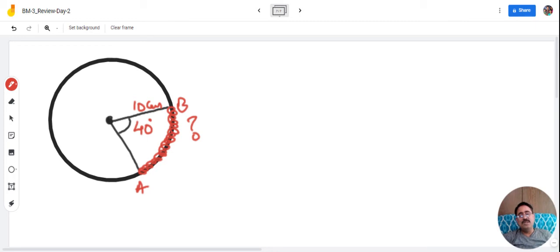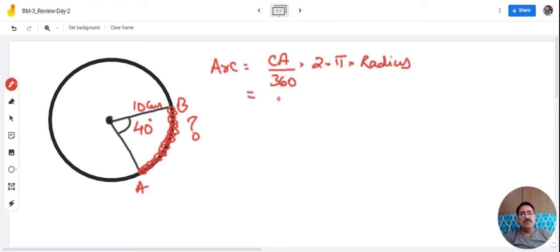The length of an arc is a part of the circumference of a circle. Therefore, length of arc equals a fraction, central angle over 360 times 2 times pi times radius. The central angle is 40 degrees over 360 times 2 times pi. Most of the time we don't take the value of pi as 3.14 or 22 over 7 unless the result is to be given in decimals.